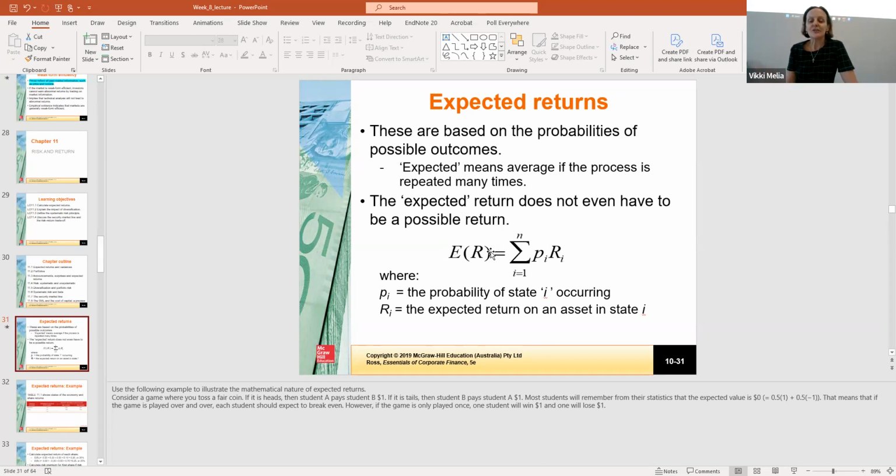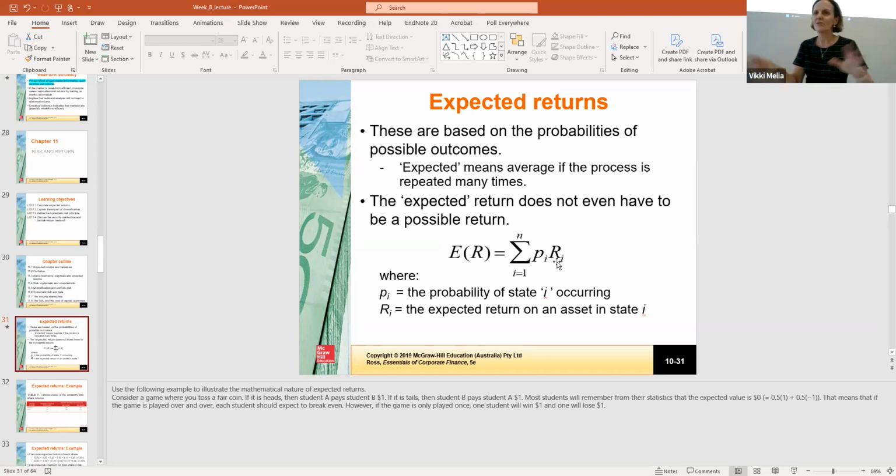The expected return for an asset is equal to the sum of the probability of a state occurring multiplied by the expected return in that state.